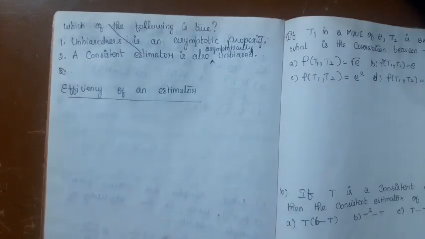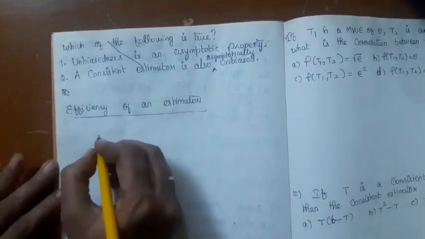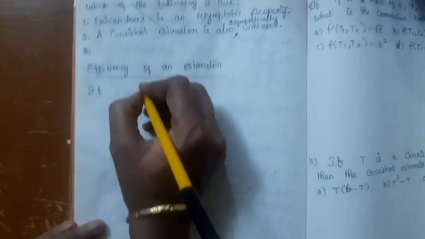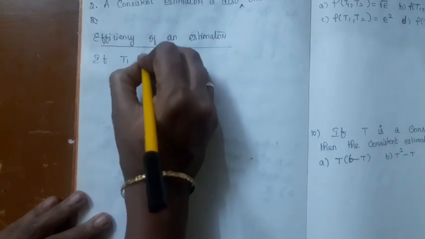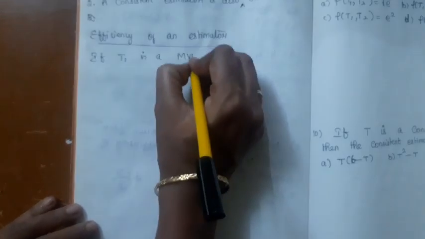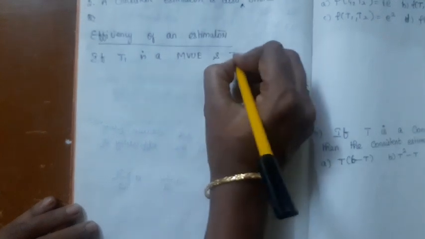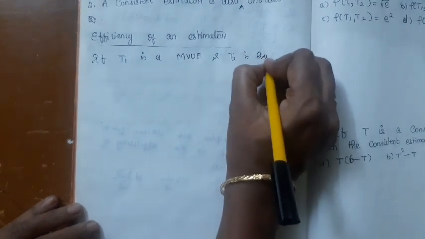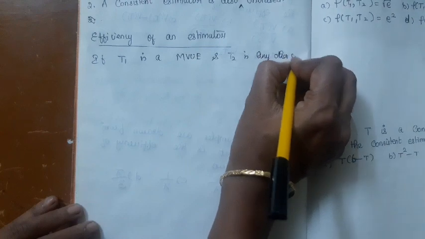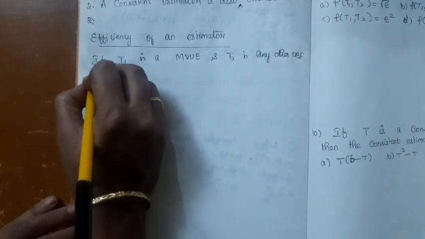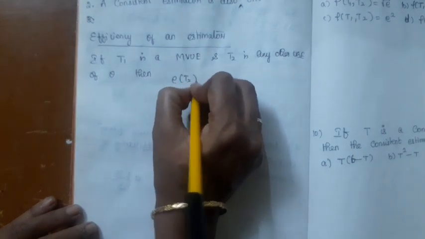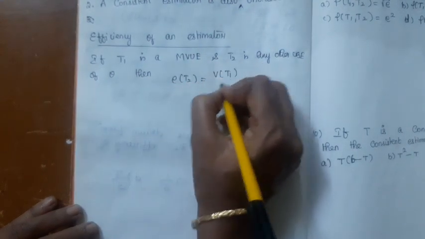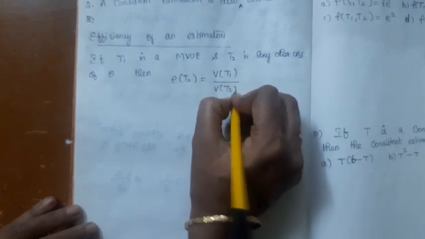The next point which we should discuss is the efficiency of an estimator. If T1 is a minimum variance unbiased estimator and T2 is any other unbiased estimator of the parameter theta, then the efficiency of T2 is equal to variance of T1 by variance of T2.